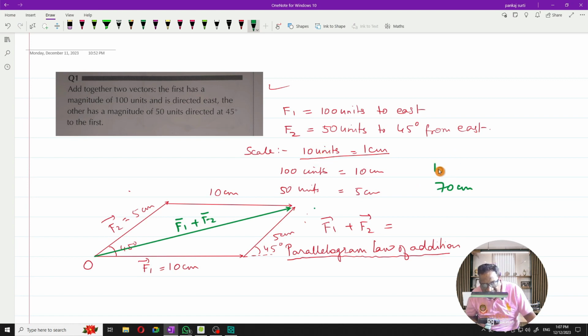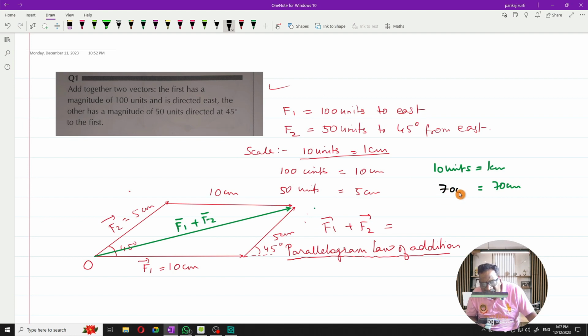So 10 units is 1 centimeter. So 70 centimeter will be how many units? According to this, it should be 70 into 10 is 700 upon 1. So it should be 700 units, right?